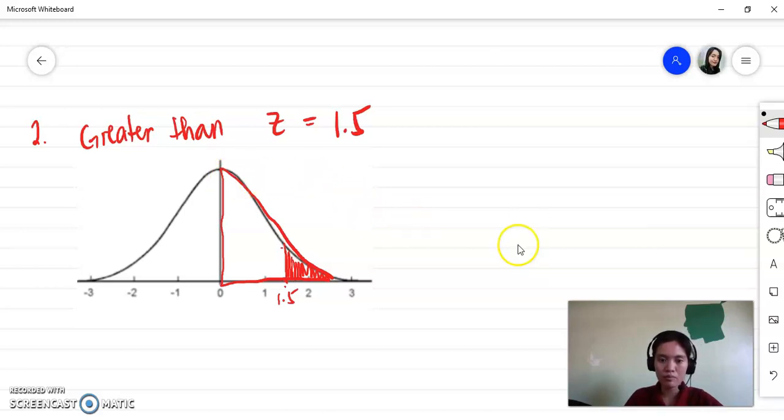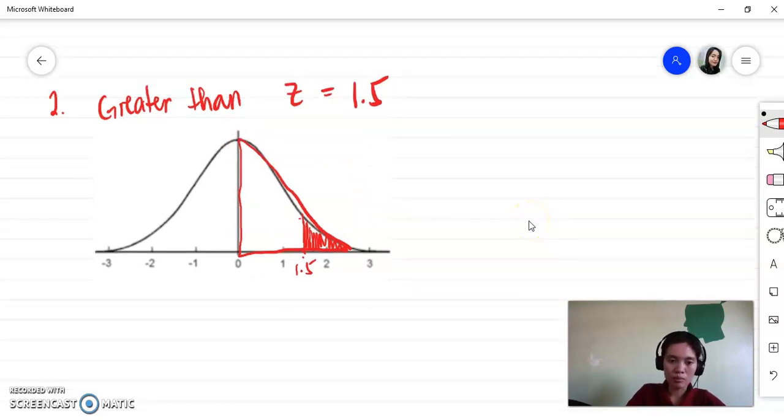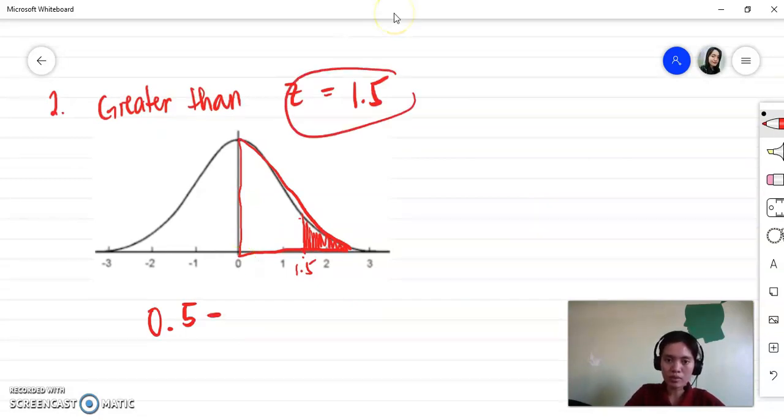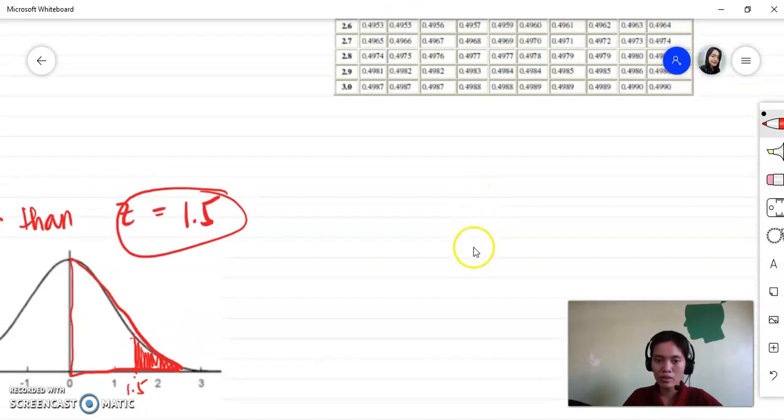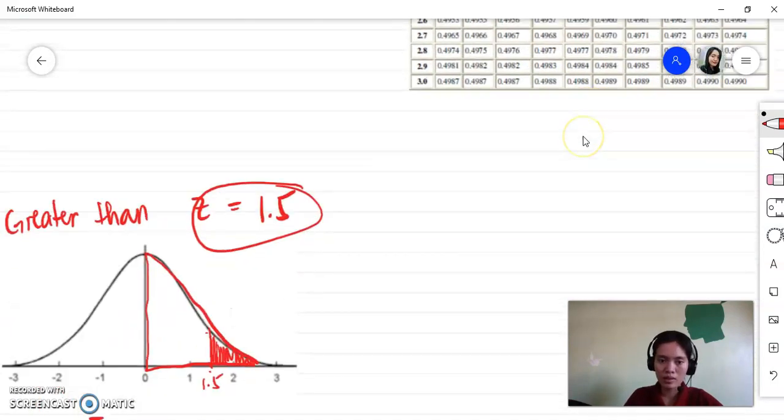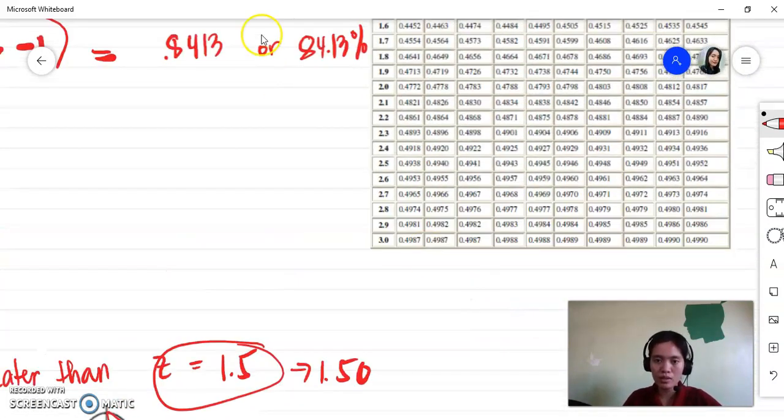So you have 0.5, and we're going to look for the area from 0 to 1.5. You can write that in 3-digit form, 1.50.